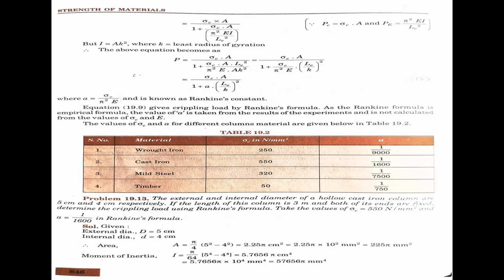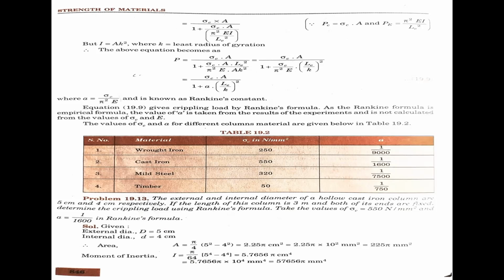See the table. Wrought iron, cast iron, mild steel, and timber: four materials are given. Take the sigma C values: wrought iron 250 Newton per mm square, cast iron 550 Newton per mm square, mild steel 320 Newton per mm square, timber 50 Newton per mm square.